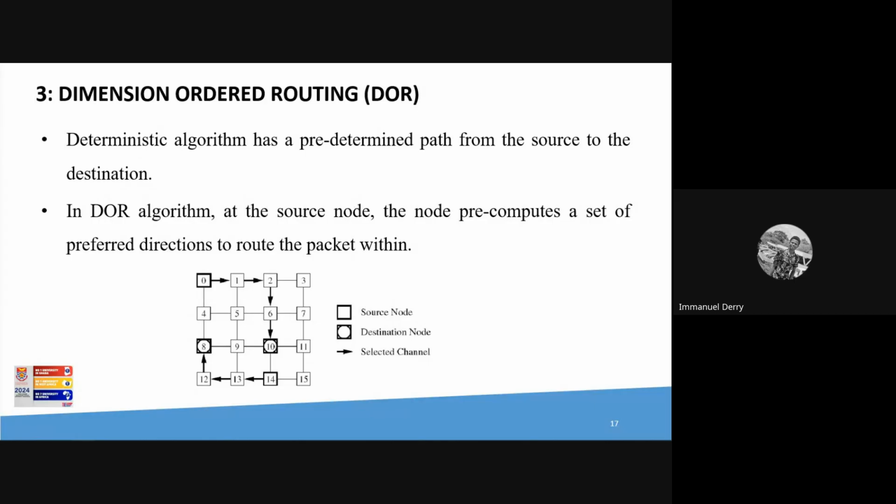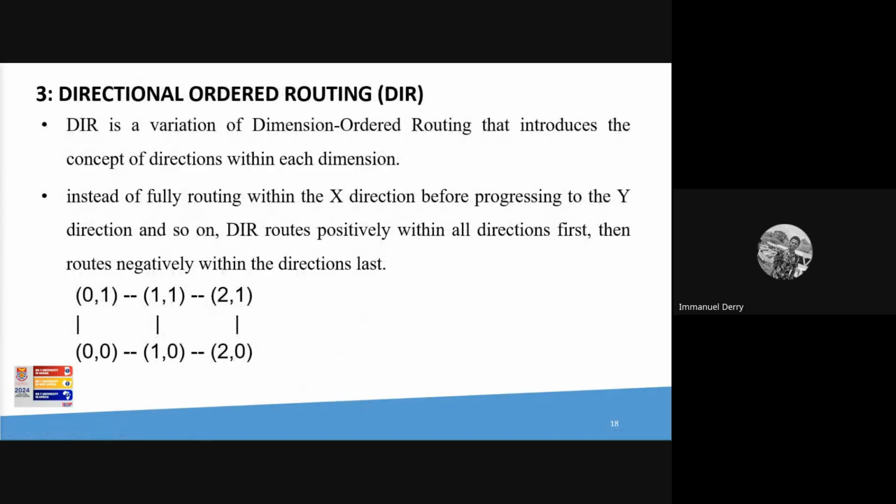All right, however, when we go to the directional ordered routing, it's a variation of the one we spoke about earlier, but introduces the concept of directions within each dimension that we have.